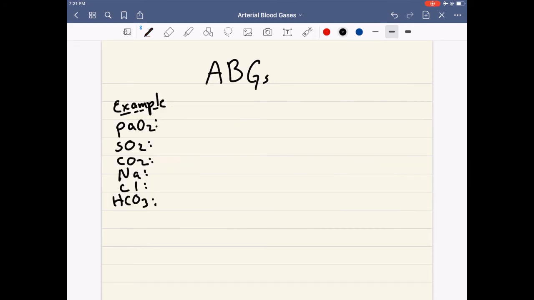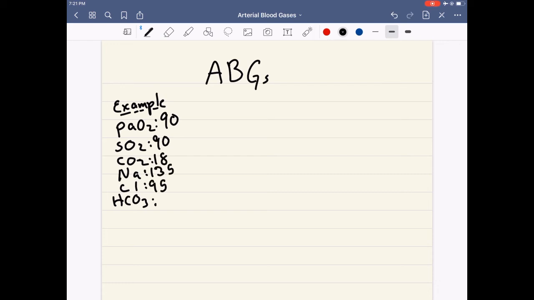So let's go through an example of ABGs. So here we'll go with our PaO2, SO2, CO2, sodium, chloride, and bicarb, and we'll kind of give them each numbers, and then we'll go through all the steps and see what the resulting acid-base abnormality is, the metabolic derangements.